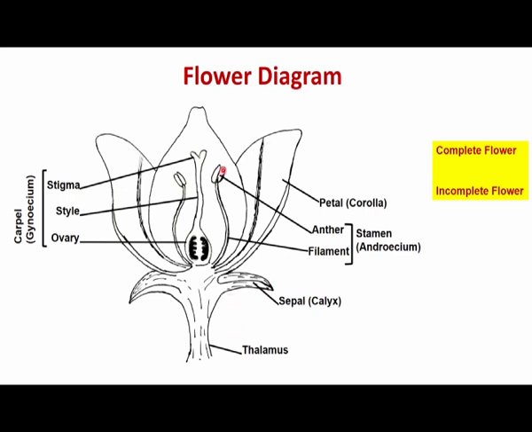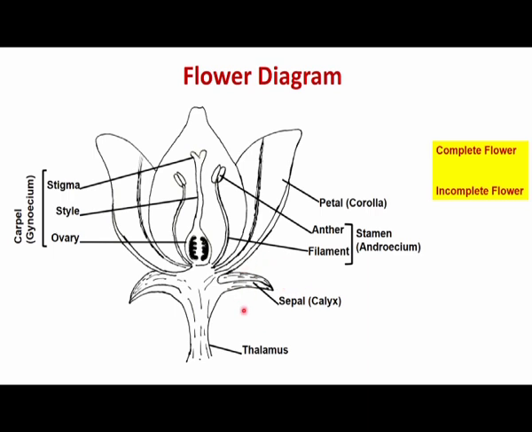You can imagine that the flower is always present in the form of a bud first, and at that time the calyx is the outermost covering of the flower, and it protects the plant from losing water. The other function of the calyx, especially when it is colored other than green, is that it attracts insects as well.